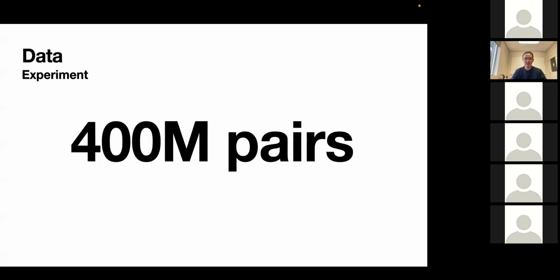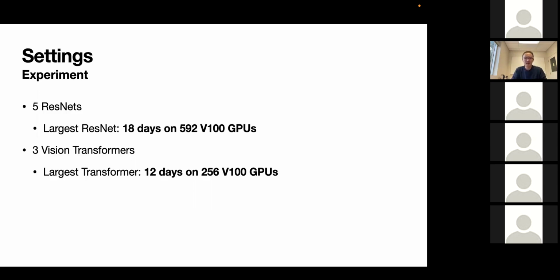For the experiment, they built a really huge data set. They use 400 million text and image pairs. This is a really big data set, and the training is very computation heavy. Among the five ResNets, the largest ResNet costs 18 days on almost 600 V100 GPUs, and the vision transformer costs 12 days on 256 V100 GPUs.